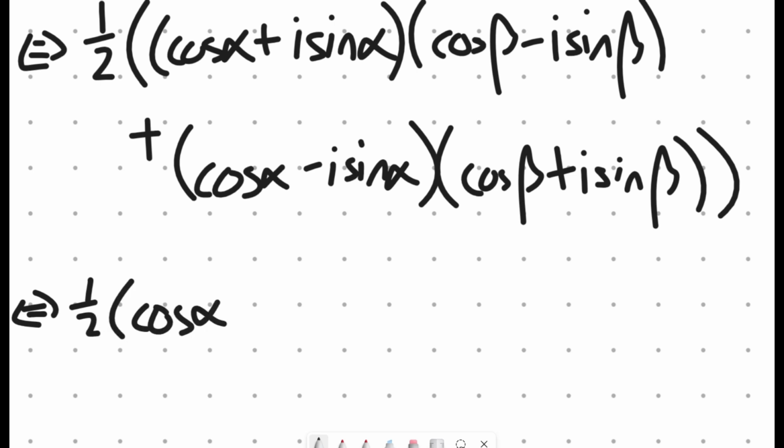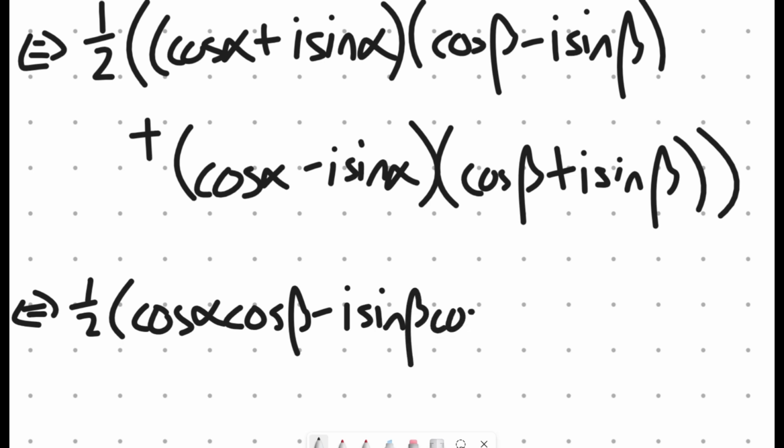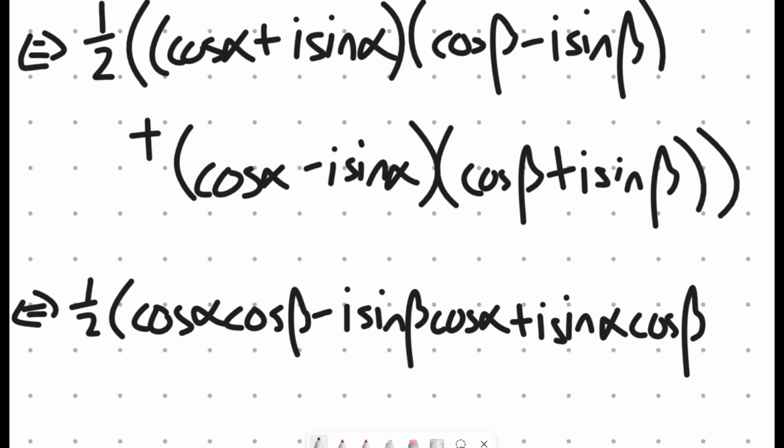So we have cosine alpha cosine beta, and then cosine alpha times minus i sine beta, and then i sine alpha cosine beta. Then i times i is minus 1, times minus 1 is plus 1, so plus sine alpha sine beta.